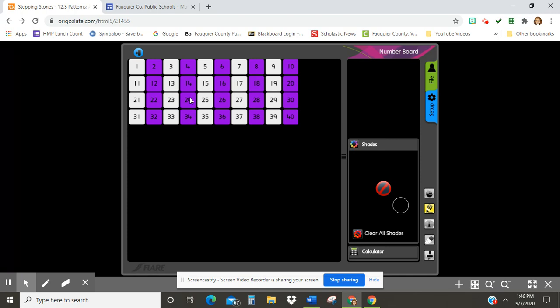Let's see what we notice. 4, 8, 12, 16, 20, 24, 28, 32, 36, 40. What do you notice?